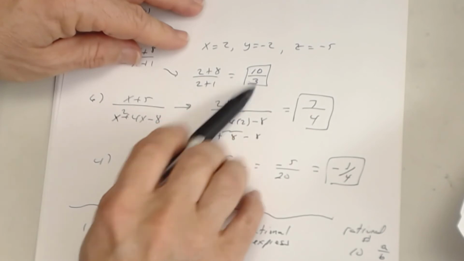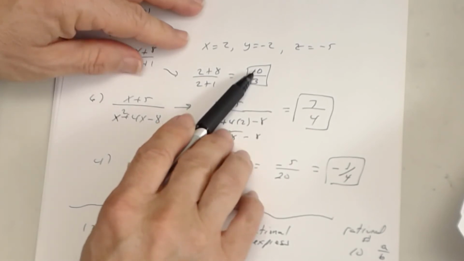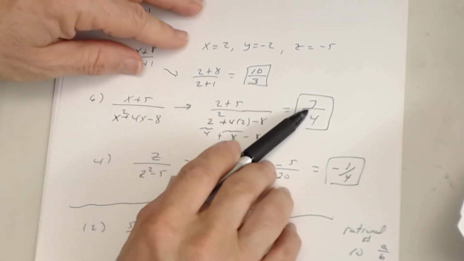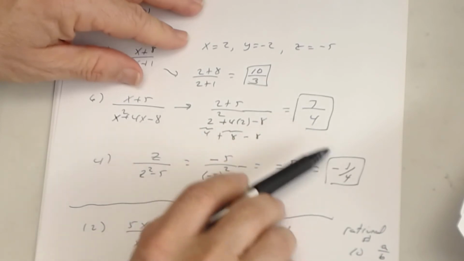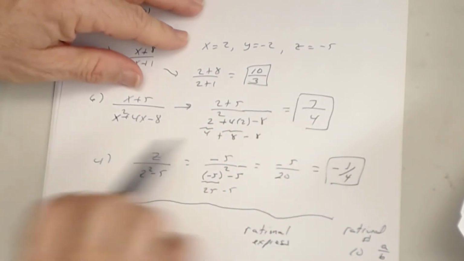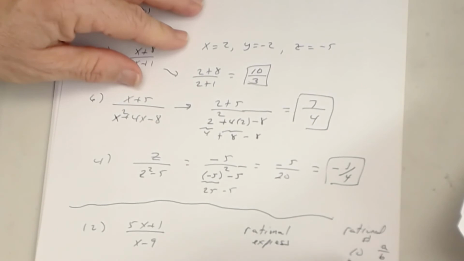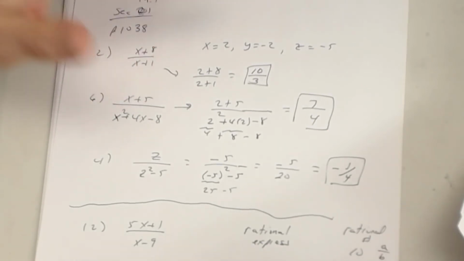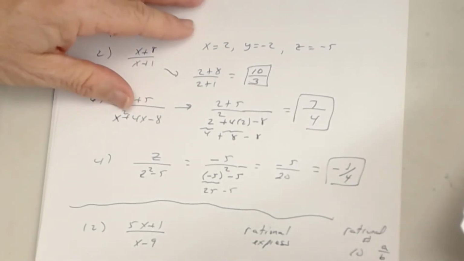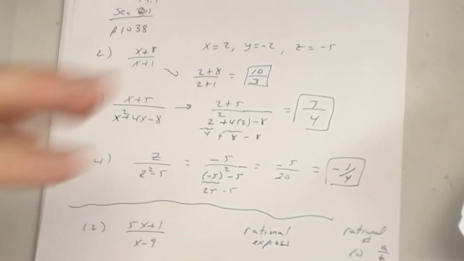So if you look at 10/3, is 10 an integer? Is 3 an integer? Is 7 an integer? Is 4 an integer? Is negative 1 an integer? Yes. And so on. So 10 I can write as 10 over 1. So a rational expression is the same idea as a rational number, except the expression is a polynomial.